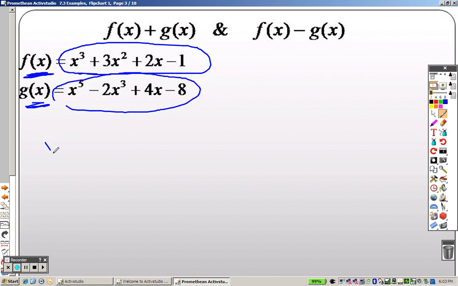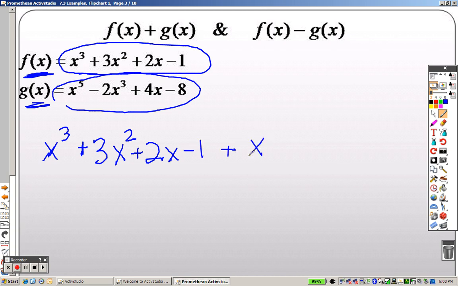So literally, it's like saying x to the third plus 3x squared plus 2x minus 1 plus x to the fifth minus 2x cubed plus 4x minus 8.